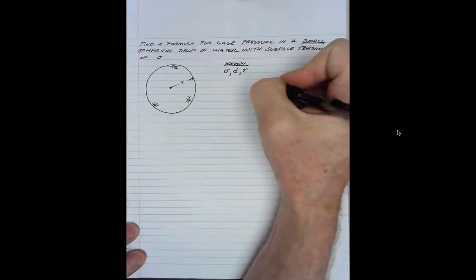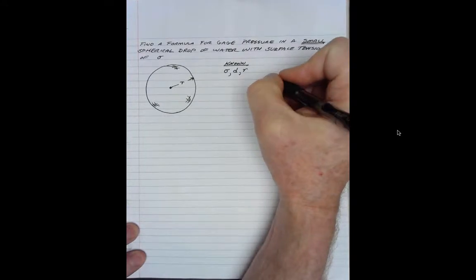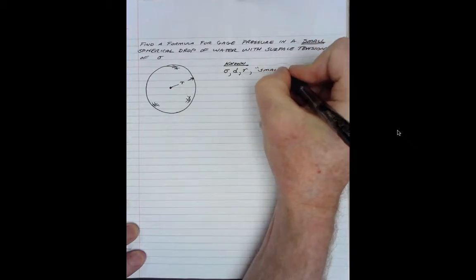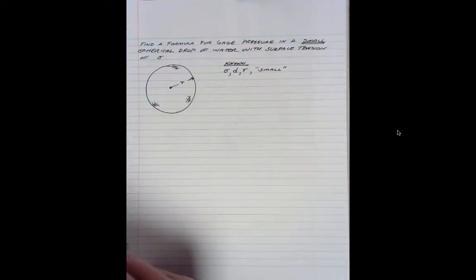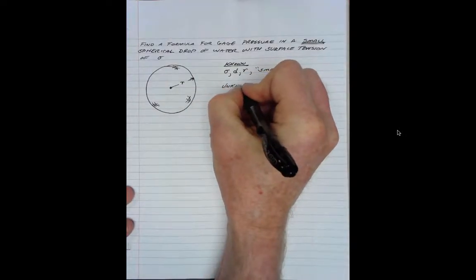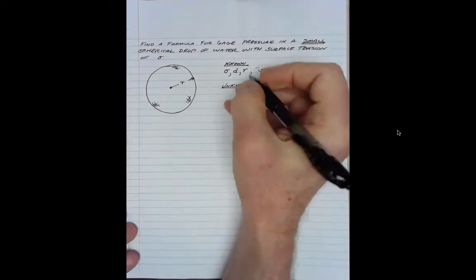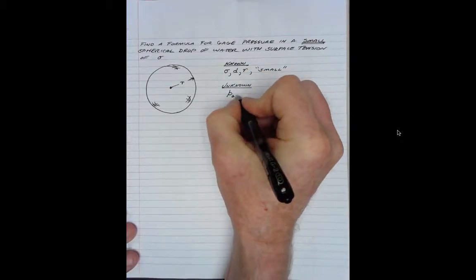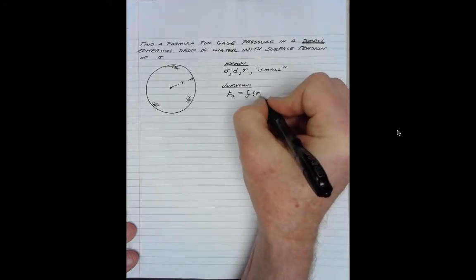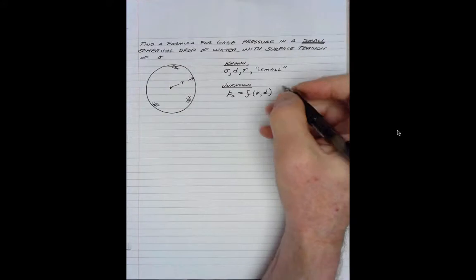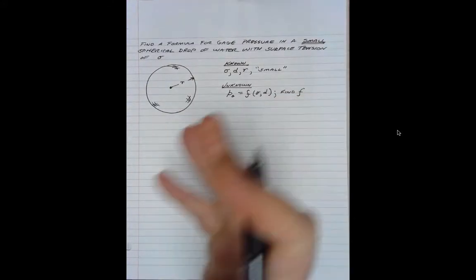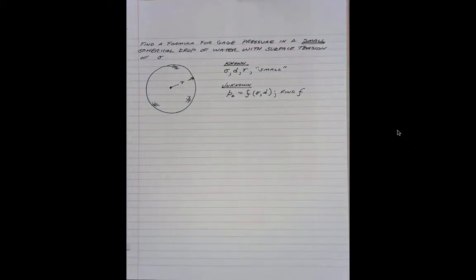We know that it has a radius r, and we're told that it is small. Okay, the small is going to figure very important soon. Unknown: pressure gauge is some function of surface tension, and I'm going to choose diameter. We want to find the function, or at least the functional structure. That's about all we can do.